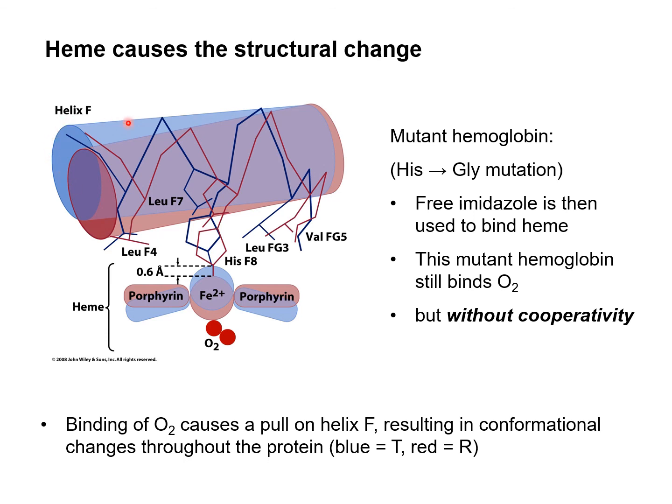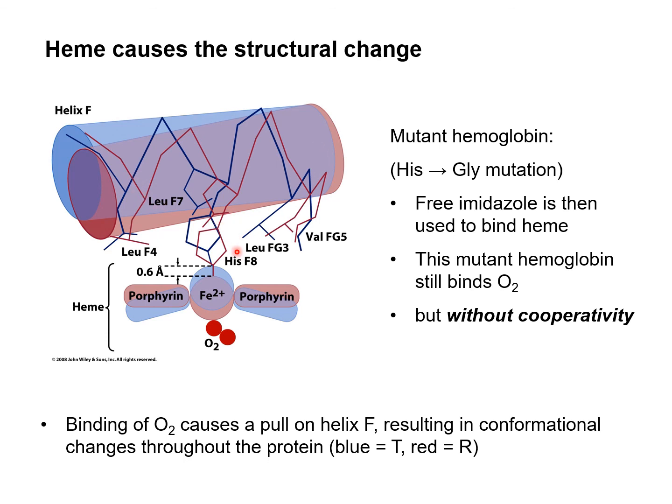So the blue structure here is shown when the heme is not bound to oxygen, which is the T state or the tense state, as opposed to the red structure shown here, which is the R state or the relaxed state, where the heme is bound to the oxygen molecule. And as you can see, this helix F is pulled down here. So there's going to be a conformational change.